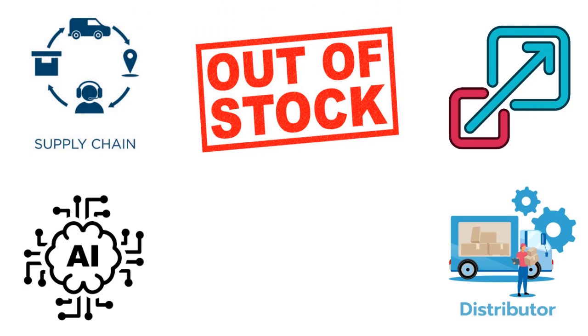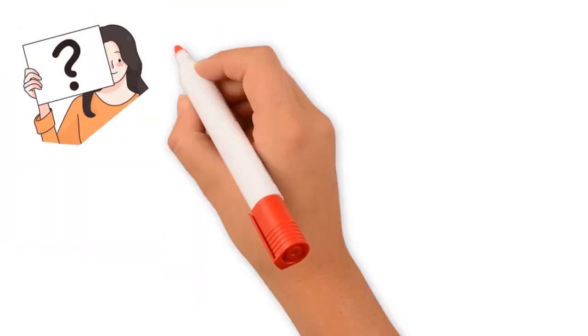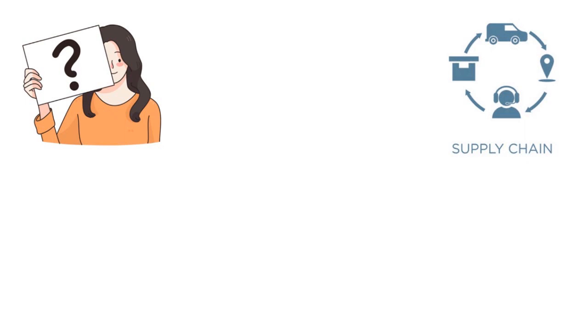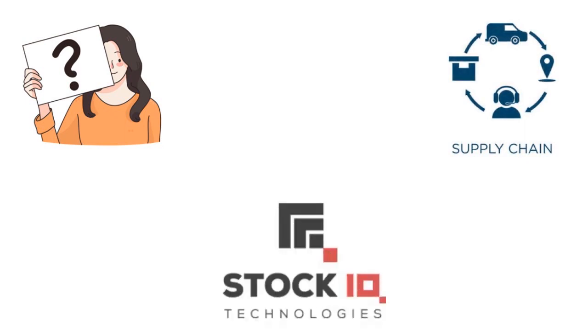But long story short, when we think about the rivals, you got to ask yourself what your needs really are, because the rivals you choose will depend on what your needs are. So you got to ask yourself, are you looking specifically for a supply chain planning suite such as StockIQ, or are you looking for something better or something more?